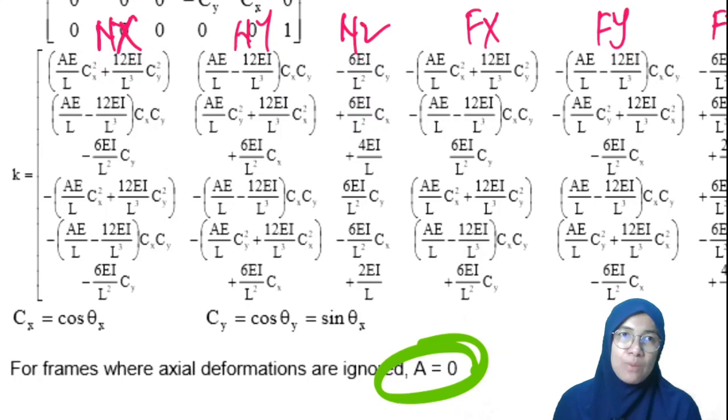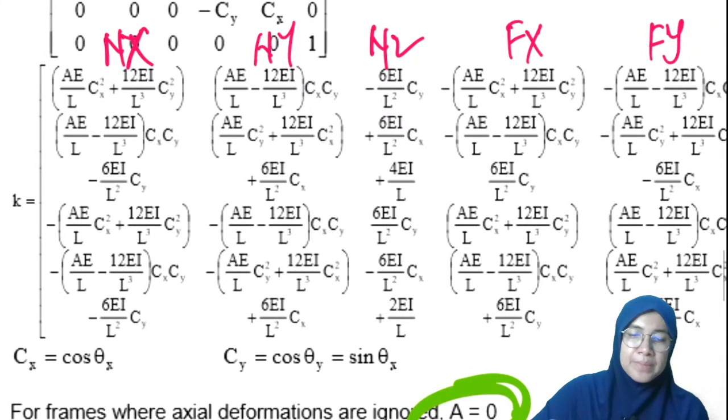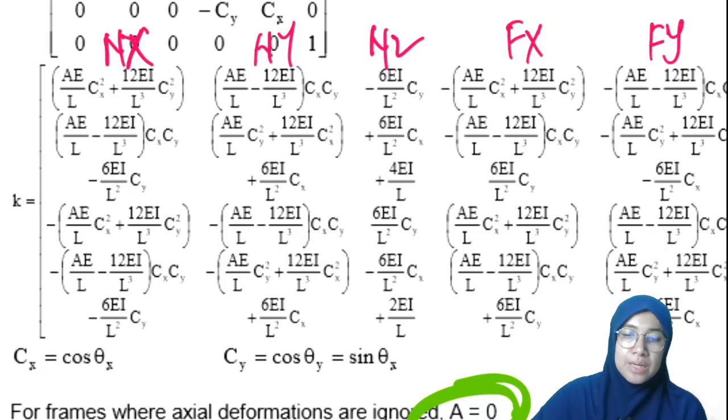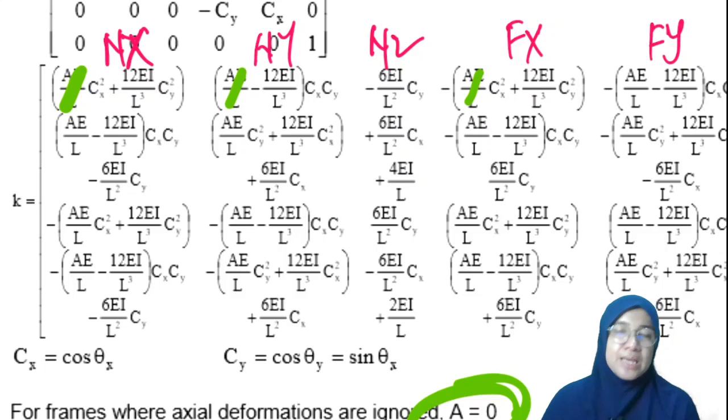So inside this formula, when A is equal to 0, it reduces the complexity of the formula. We can cancel all the A terms, so all the formulas containing AE will be cancelled.